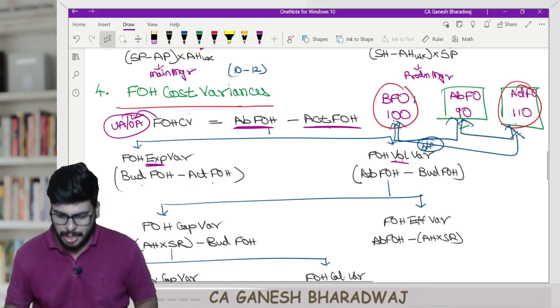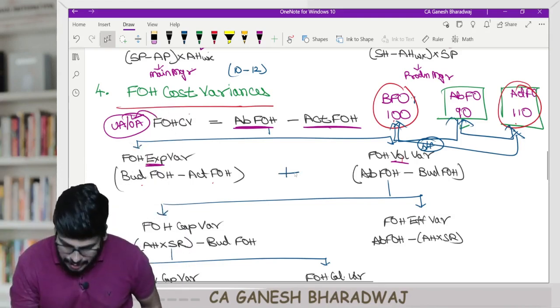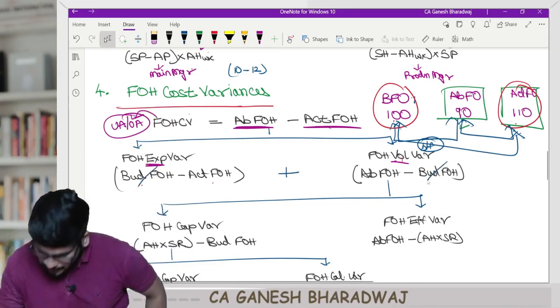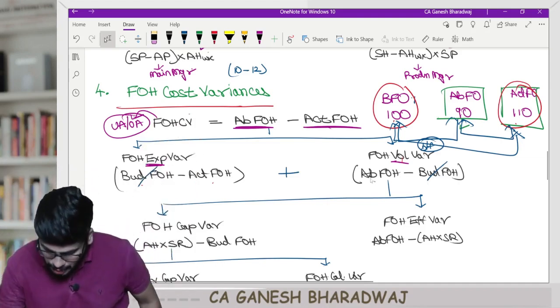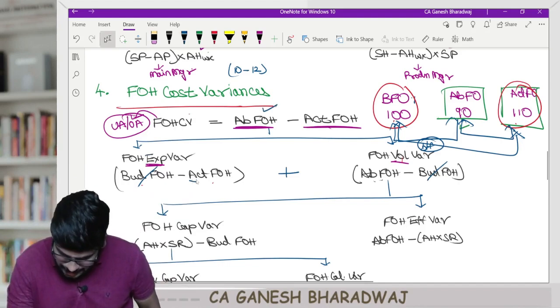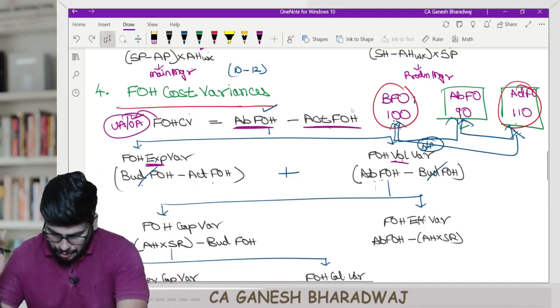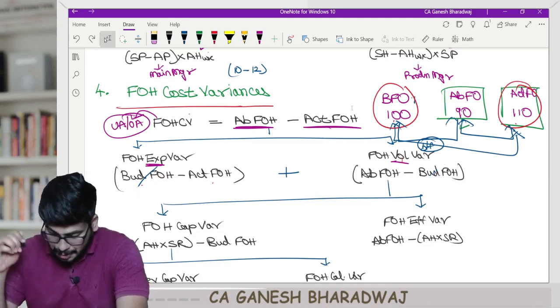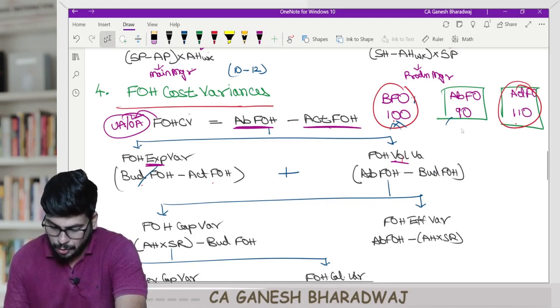If you add these two, you should get the top figure. The budgeted fixed overheads cancel out, and you get the topmost figure, absorbed fixed overheads minus actual fixed overheads. Are you clear with this, guys? This is just for the purpose of understanding that I mentioned to you. Are you all able to understand? Yes.